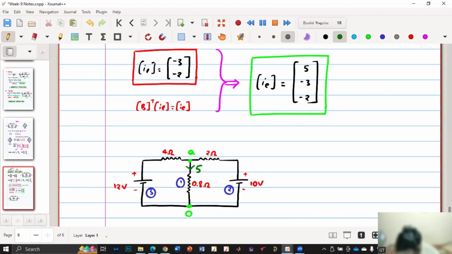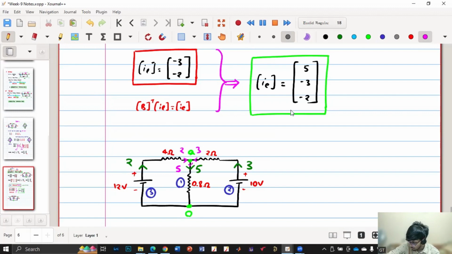This current is -3, which also means that current to the top is 3, right? So this is 3 and this is 2, right? Do you agree? Yes, sir. So at this junction, here we have 2, here we have 3, bottom we have 5. First of all, KCL is not being violated, right?